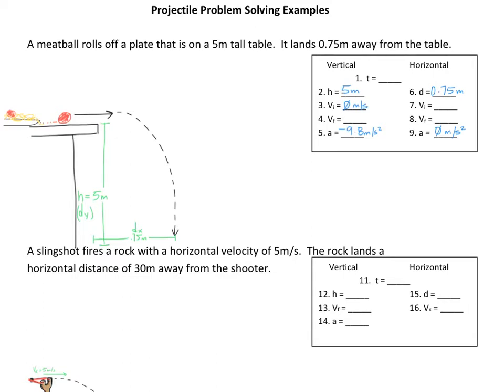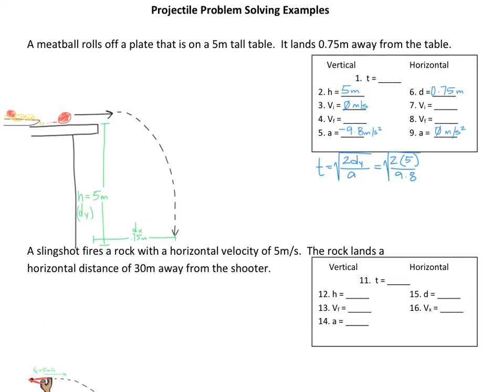Okay, so that rearranged equation that is solving for time when our initial vertical velocity is 0 is t equals the square root of 2d, this is your vertical distance, your height, divided by a. So that is equal to the square root of 2 times 5, our vertical distance, divided by 9.8.